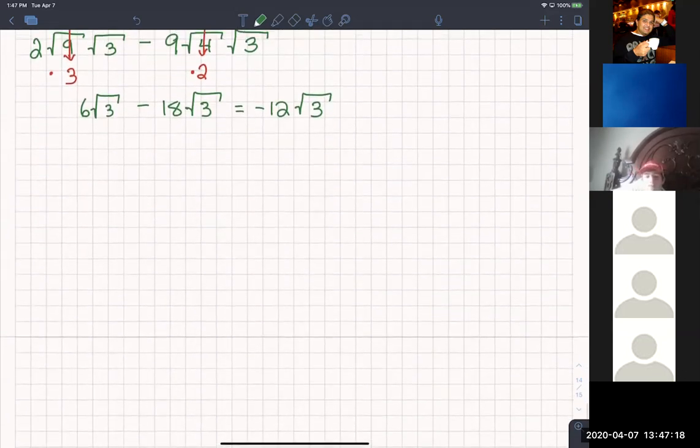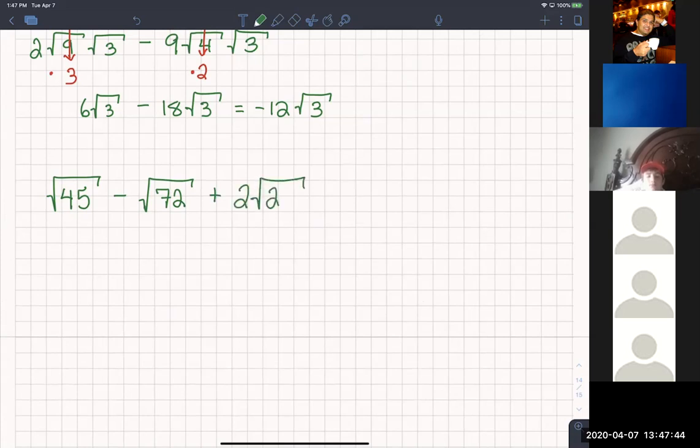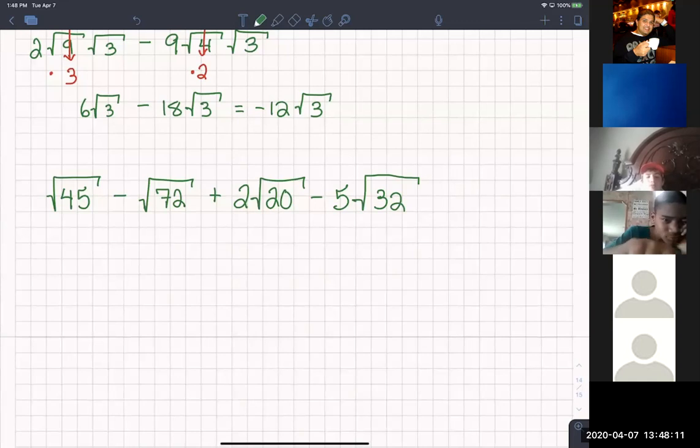Okay, so what if I gave you a problem like this? You're still going to have to simplify each radical.